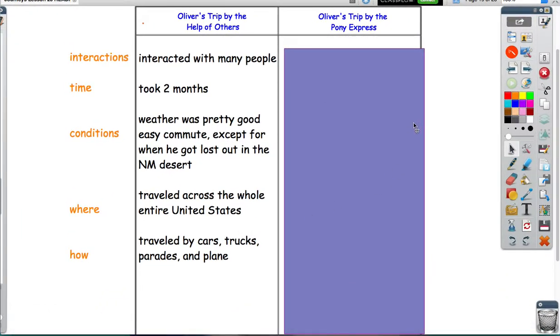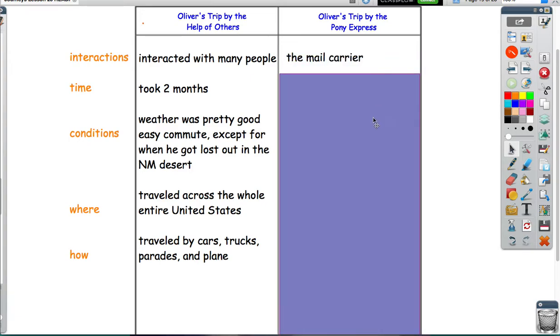All right, so Oliver's trip by the Pony Express. If Oliver were to have taken his trip by the Pony Express, who would he interact with? Go ahead, pause, and brainstorm what that could be, or who that could be. All right, I'm thinking it's probably only going to be the mail carrier or any other people involved in the mail business. How long do you think it would take?